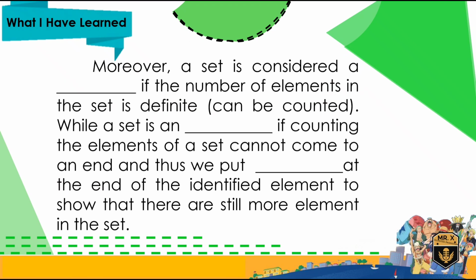Moreover, a set is considered a finite set if the number of elements in the set is definite or countable, while a set is an infinite set if counting the elements of a set cannot come to an end, and thus we put ellipses at the end of the identified elements to show that there are still more elements in the set.